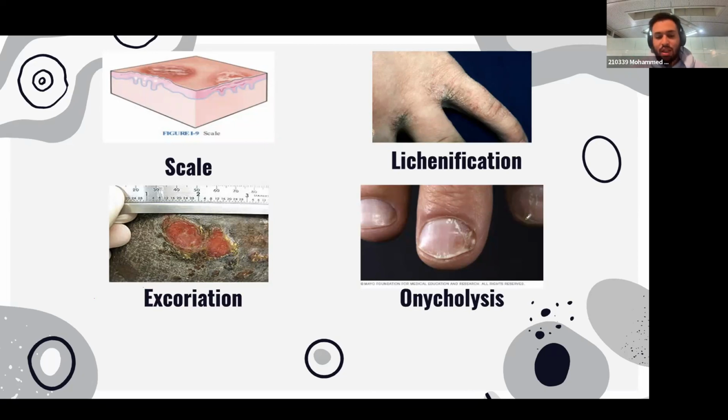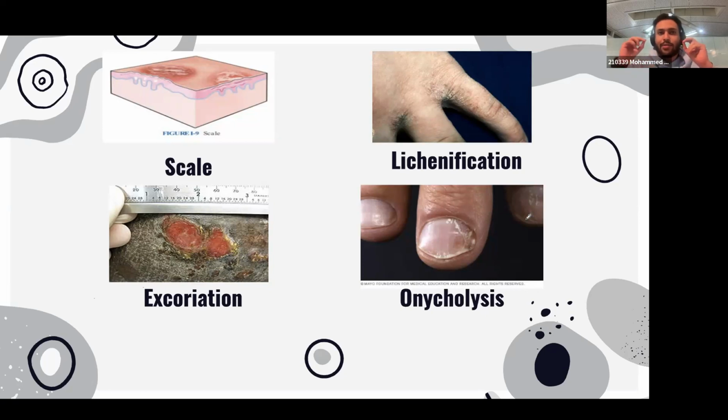Okay, scale, lichenification, excoriation, and onycholysis. Usually excoriation, how we describe it is that someone had a very itchy disease, like for example, eczema, and then you start to see bleeding that's coming out of it. Erosion and ulcer, we differentiate based on the amount of layers involved.